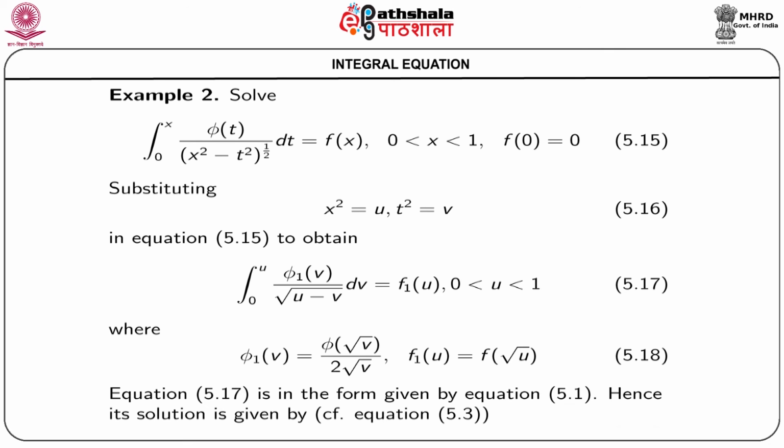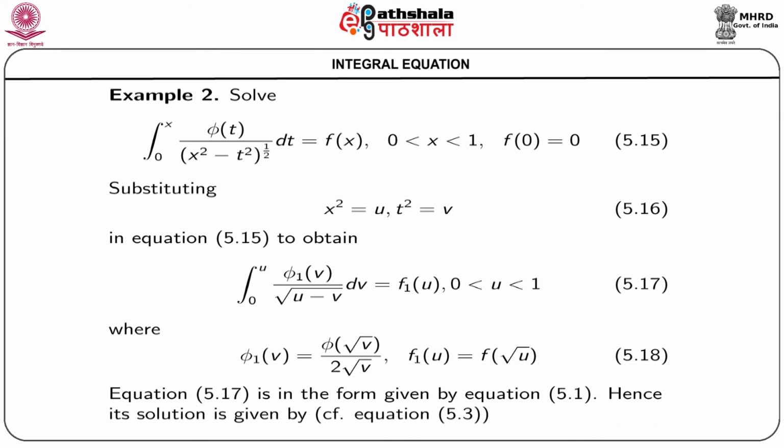Here we substitute x square equal to u, t square equal to v to obtain the integral equation as given in 5.17. Here phi 1 is related to phi and f1 is related to f through the relation given by 5.18.